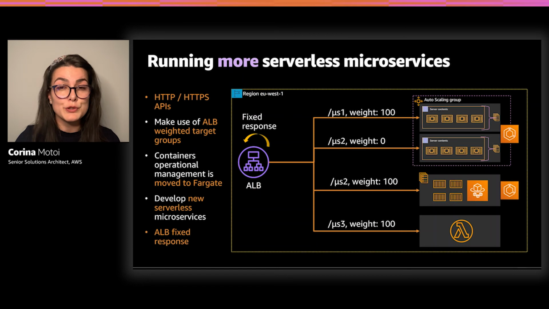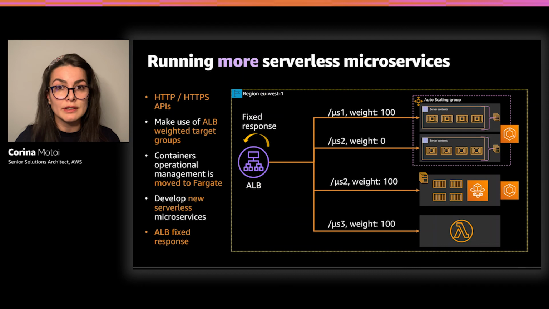Another feature which you might find useful when you're working with microservices applications is the ALB fixed response. The ALB does not forward the traffic to the targets, but instead just sends a custom HTTP message or code when a request for a restricted path comes to the ALB.